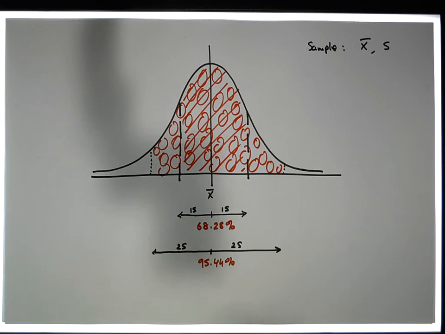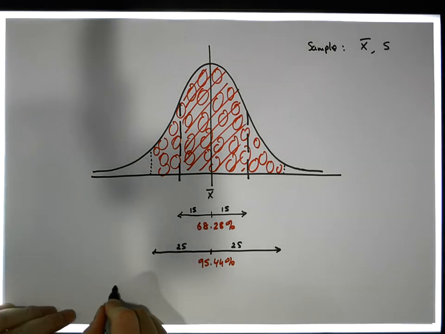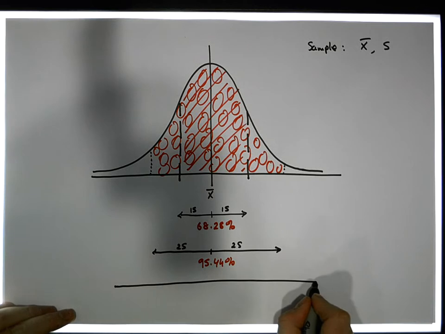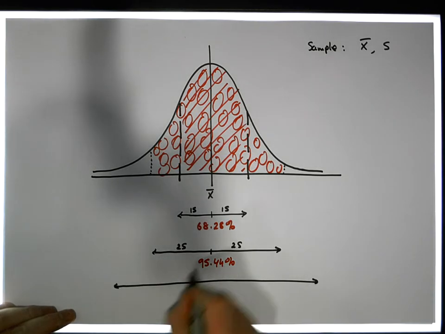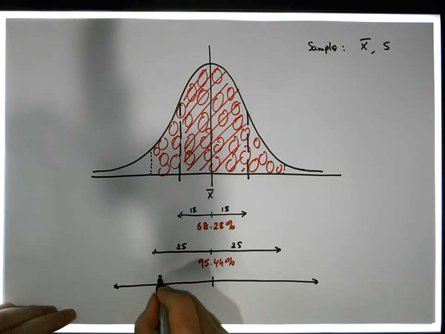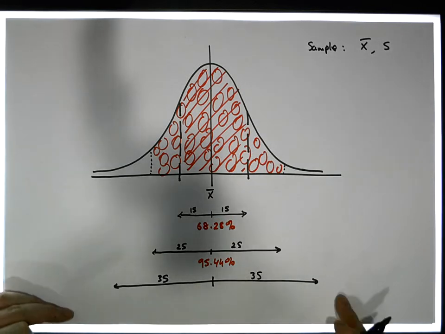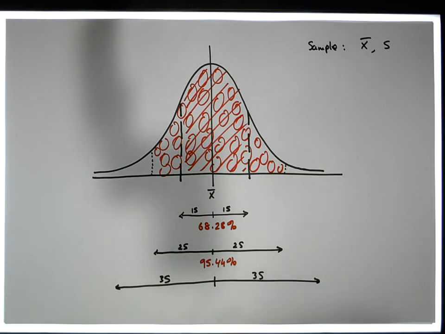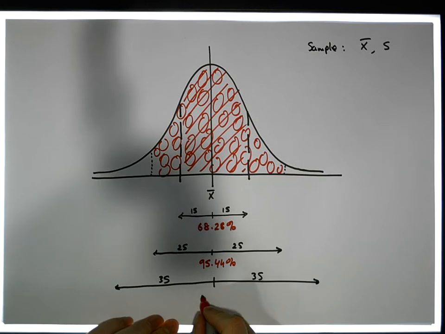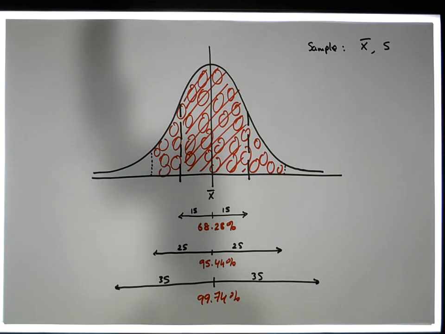Okay, and then finally, you can sort of see what's happening here, within 3 standard deviations of the mean, here's our mean, 3 standard deviations below, 3 standard deviations above, we'd expect to find 99.74%. Actually, what this is really saying to us is this.